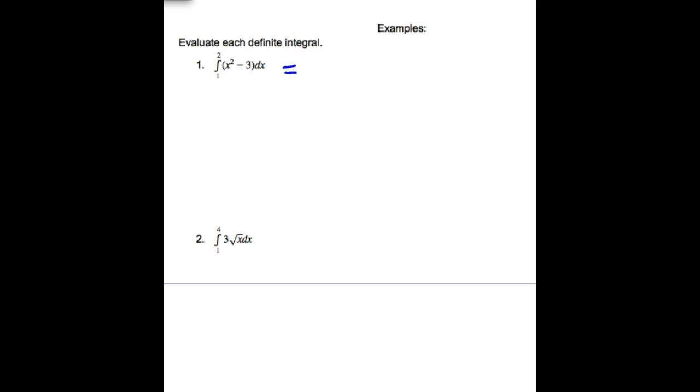The first thing you need is the antiderivative. The antiderivative of x squared would be x cubed over 3. The antiderivative of 3 is 3x. No need for Carl because he'll disappear. The notation is we write it like this.